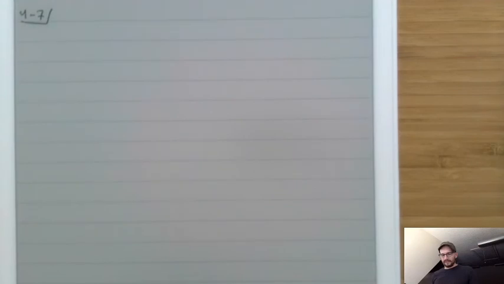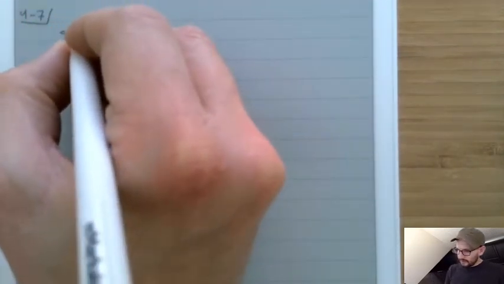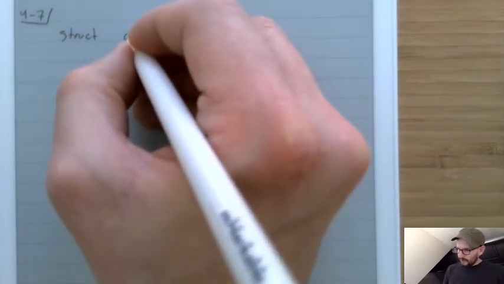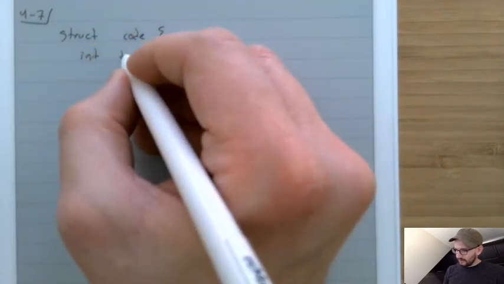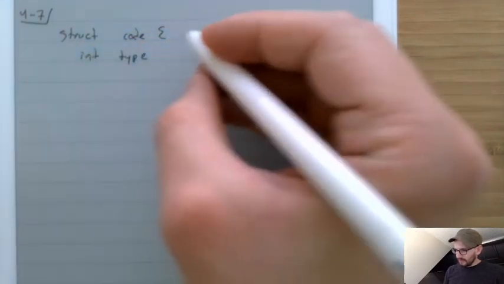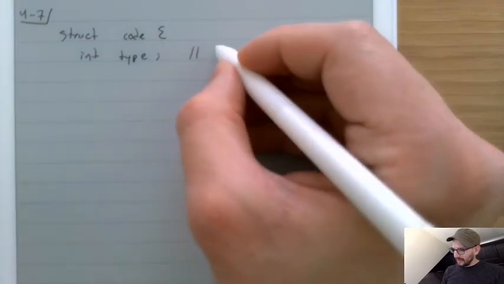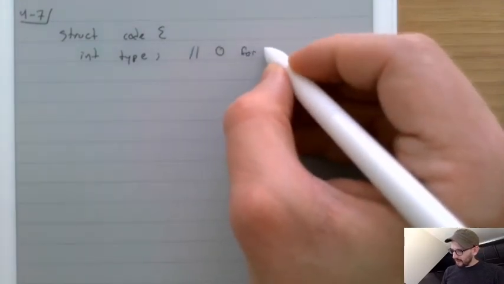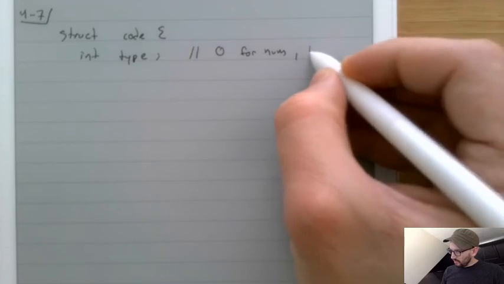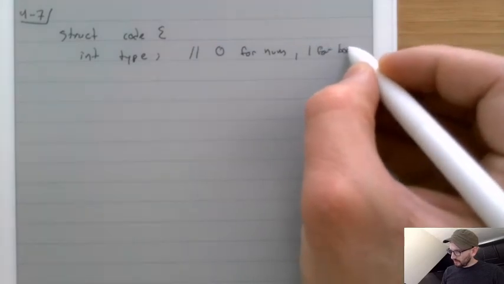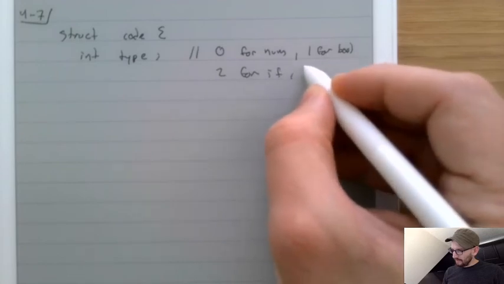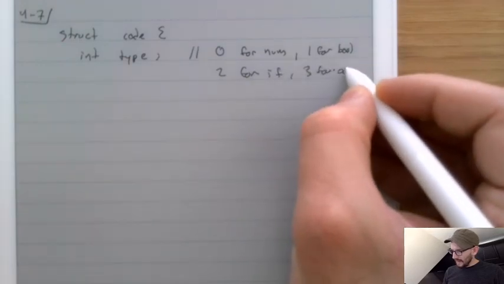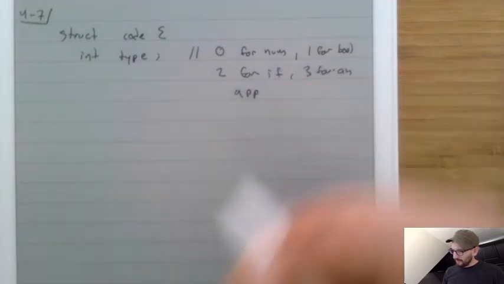What I mean is that we could define a struct for code that had an integer for the type, and that would be things like 0 for a number, 1 for a bool, 2 for an if, 3 for an app, and so on.